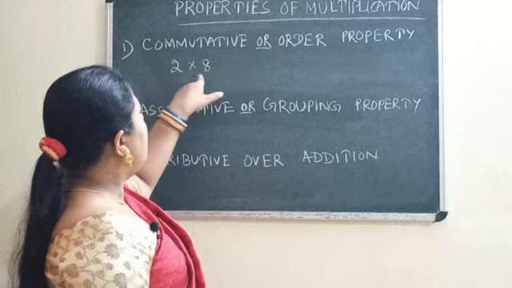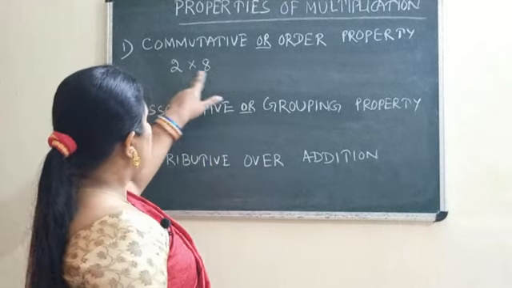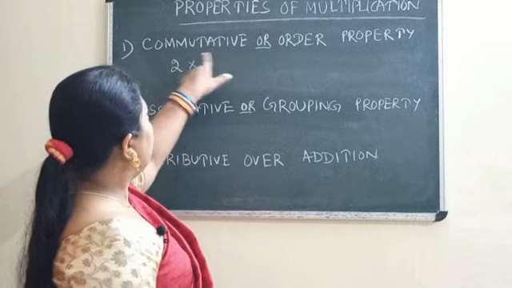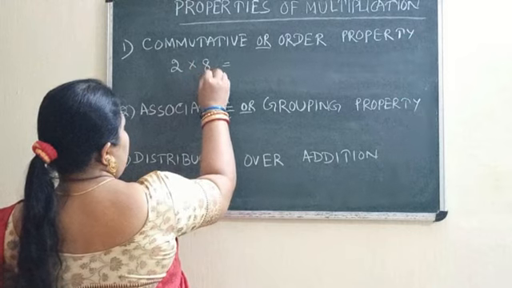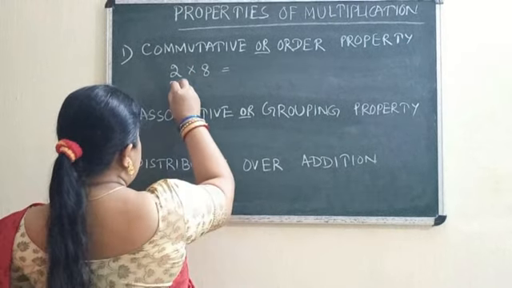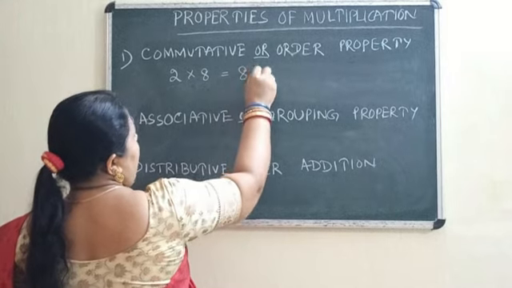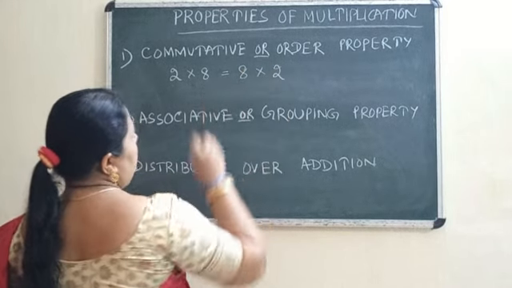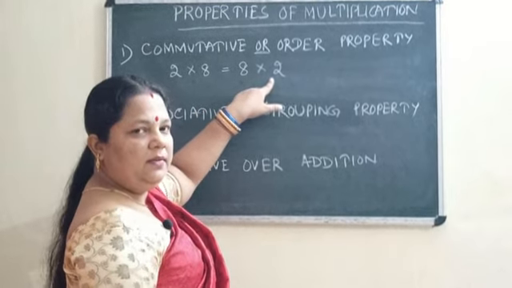So here, how are we following this property? Two numbers I have taken. Order property means this is in first place, this is in second place. So this can be multiplicand, this can be multiplier, or if I write 8 into 2, this is multiplicand, this is multiplier.